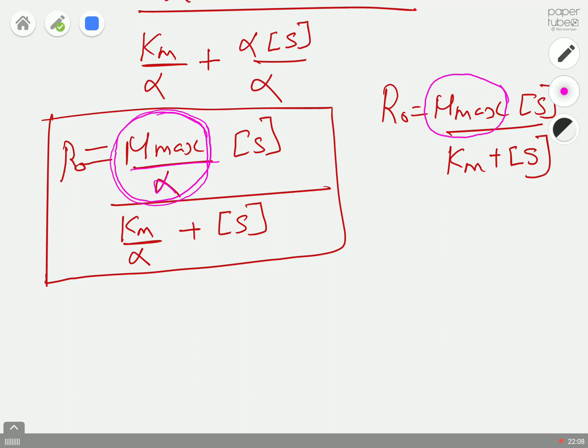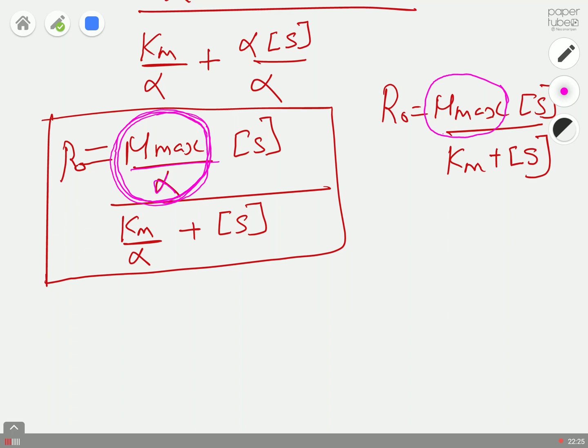That's what happens when you deal with the uncompetitive inhibitor. So 1 by alpha, that's the factor.